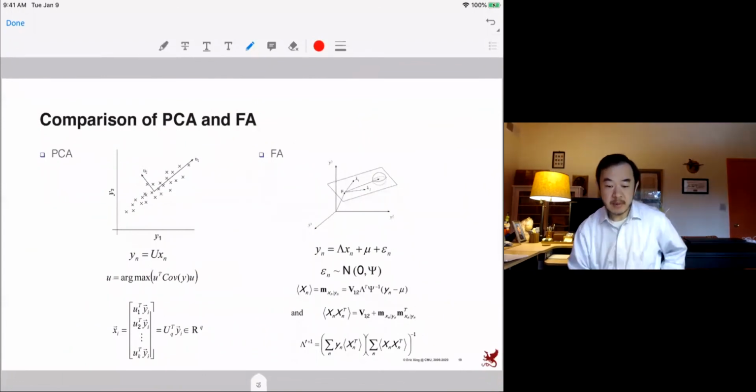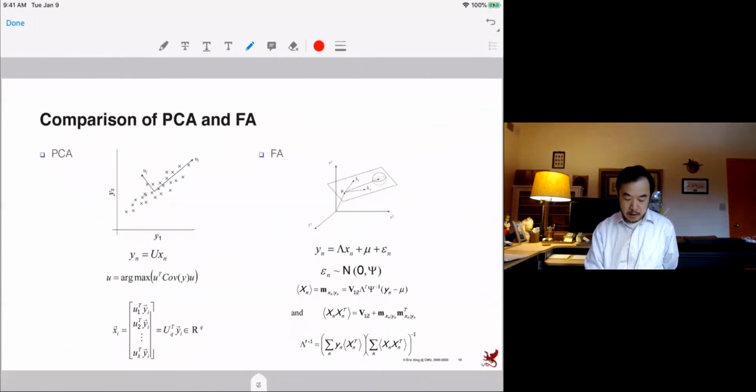Now let's do a side-by-side comparison, right? So in PCA, your observed data is embedded into a lower dimensional space, and the relationship between these two is the U matrix, which is the eigenvector matrix. And we do a truncation of the eigenvector. Therefore, this U matrix could also be lower dimensional, but you need to begin with a full dimensional U matrix due to the singular value decomposition, or the eigenvalue decomposition.